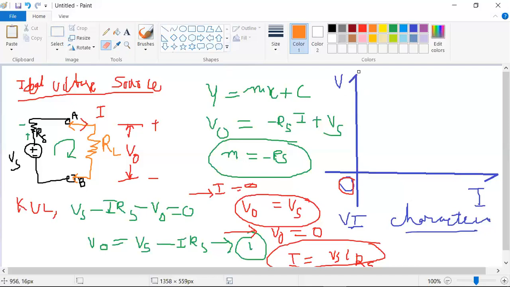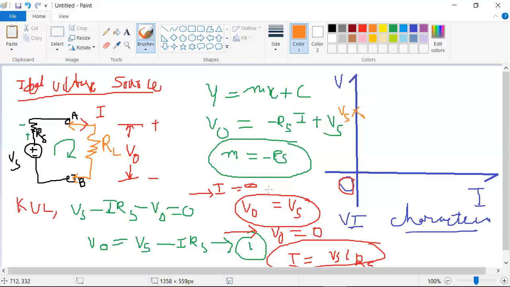It is the same axis for both V naught and Vs, because the units are the same. So this is Vs.